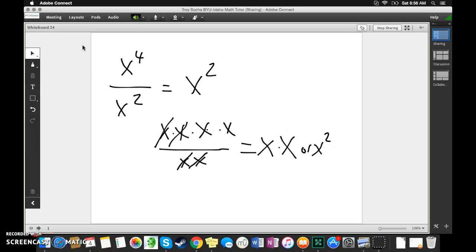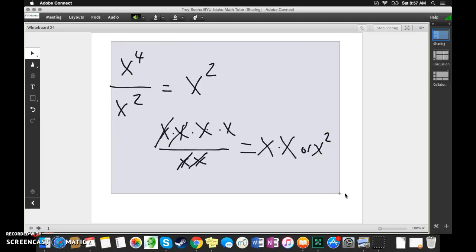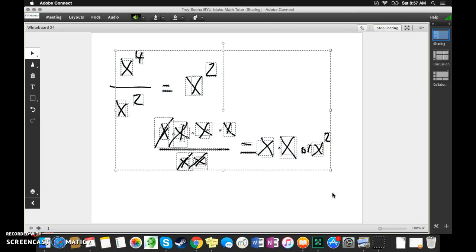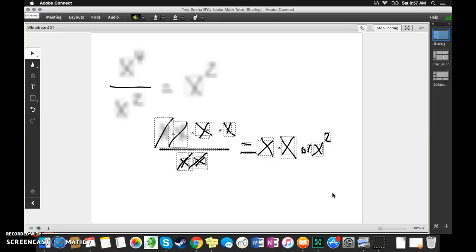So let's do a slightly more complex one, if that makes sense. So just remember when you've got an exponent on the top and an exponent on the bottom, you subtract the bottom from the top, and it makes a full exponent for you.